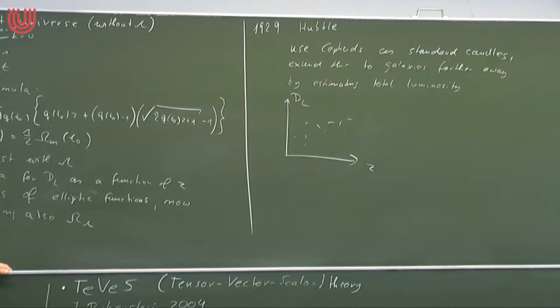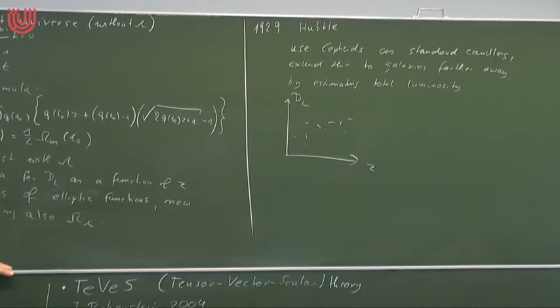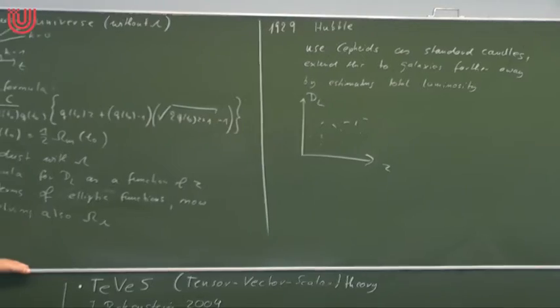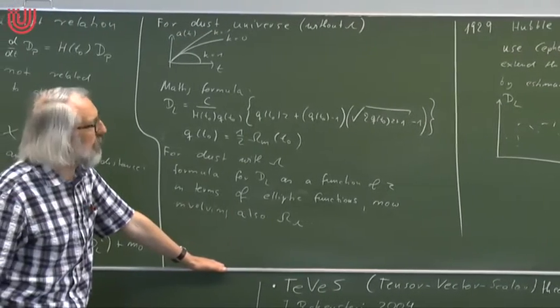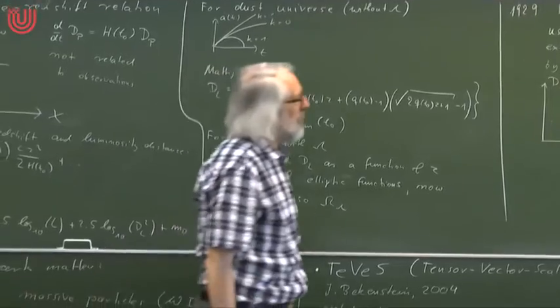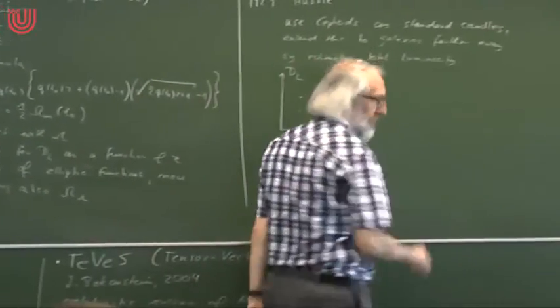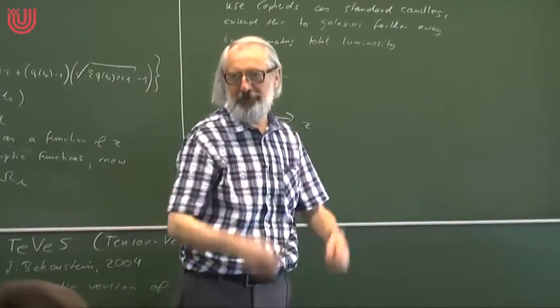And there were only very few data. I think it was 25 or so, in this order of magnitude. But nonetheless, he claimed boldly this establishes the fact that there's a linear relation between distance and redshift, what we now call the Hubble law. And actually, he estimated the parameter, which we now call the Hubble constant, obviously.